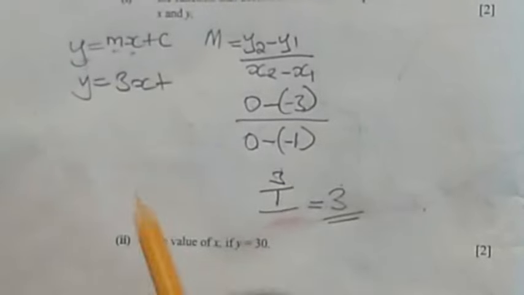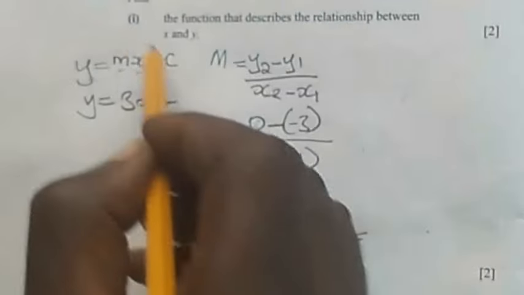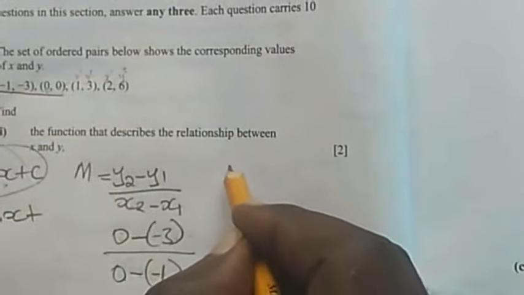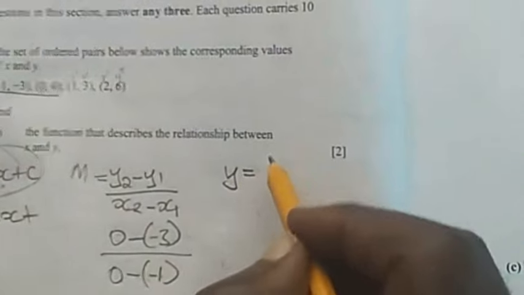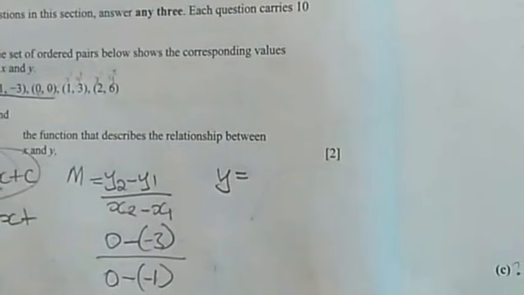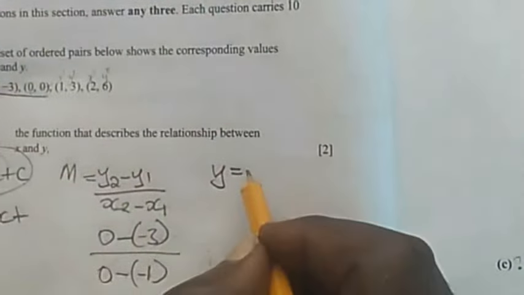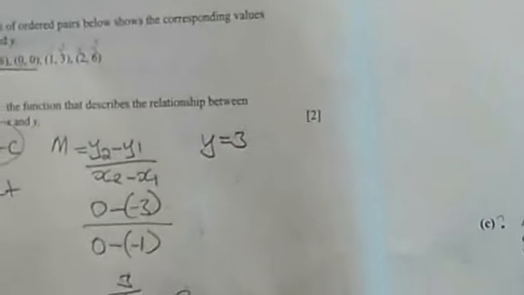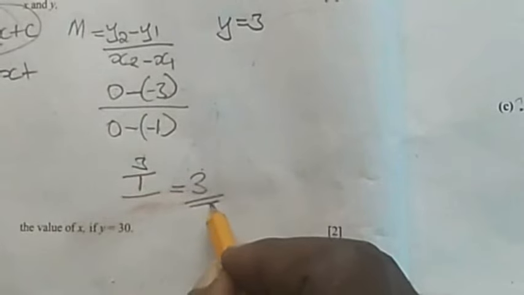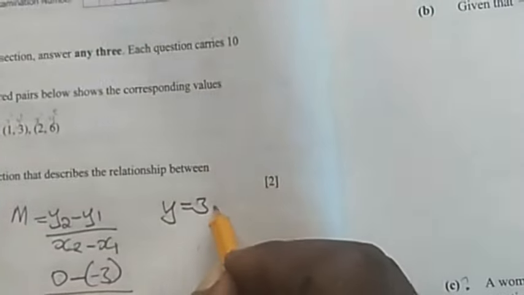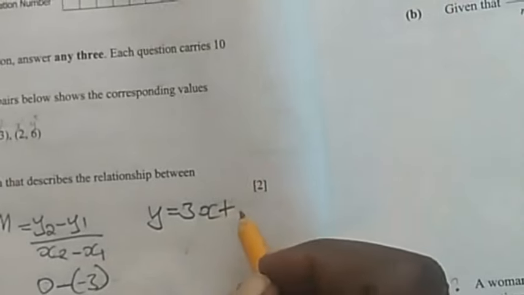We're going to use this same formula here. We say y is equal to the gradient we found, which is 3, so y equals 3x plus c.